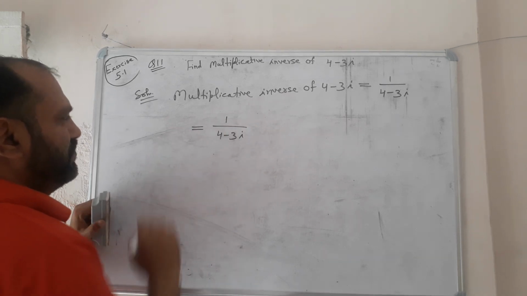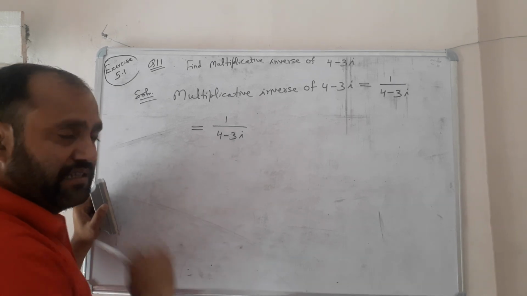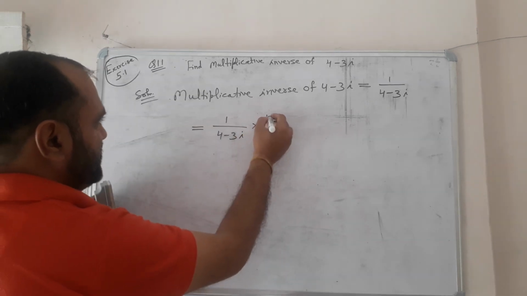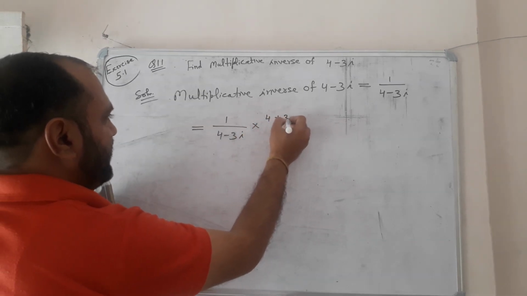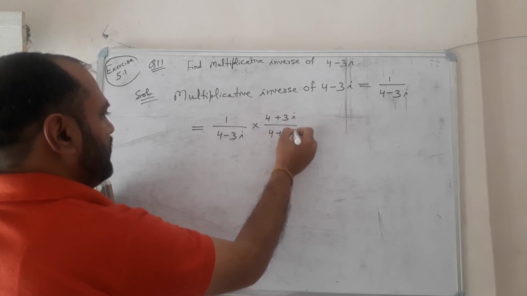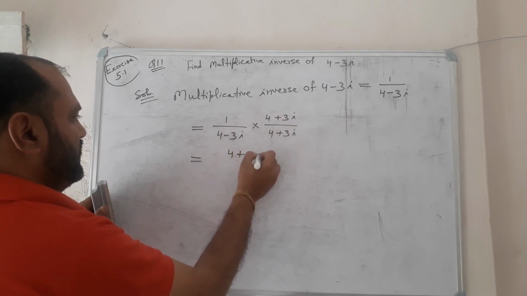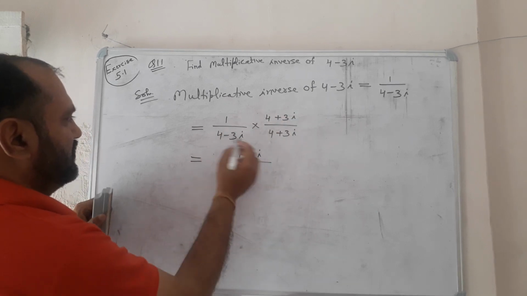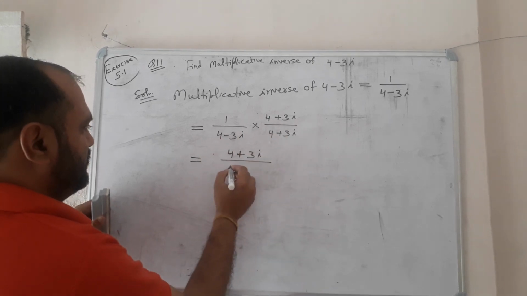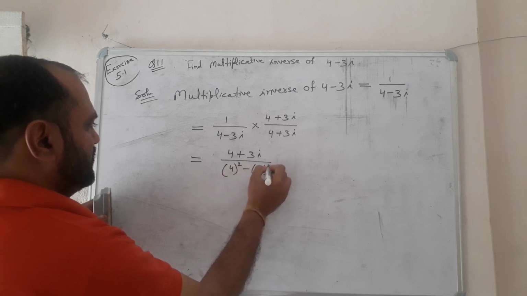now as you know, this is not in the form of a plus iota b. So how to write this in the form of a plus iota b? We have to rationalize it. Means multiplying and dividing it by 4 plus 3 iota. And on simplifying, we get 4 plus 3 iota over, here you can use the identity a minus b into a plus b, a square minus b square, right?